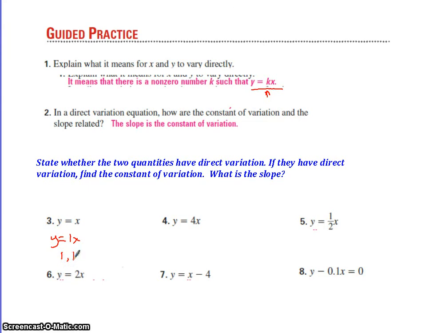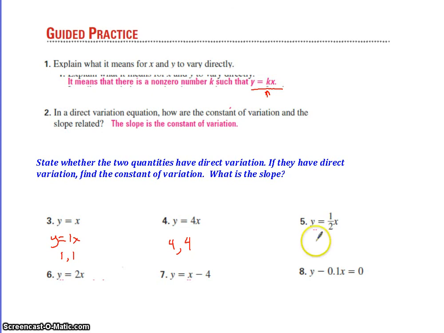How about this one? The constant of variation, the k, would be 4, and the slope would also be 4. Okay? How about this one? Y varies with a constant of variation, the k, of 1/2.